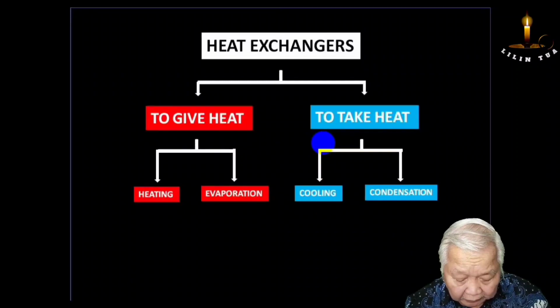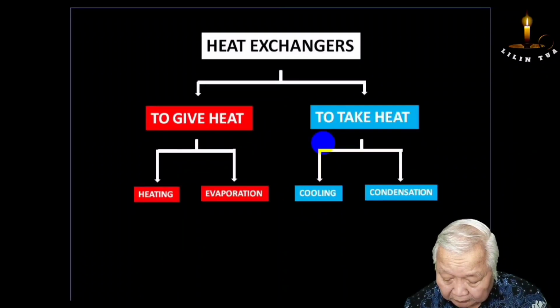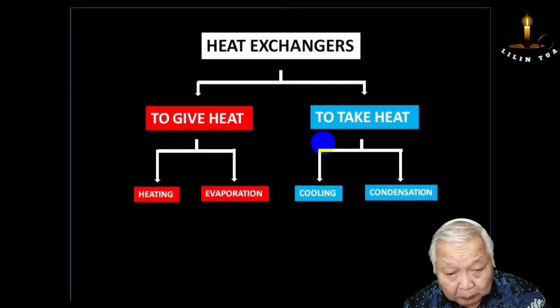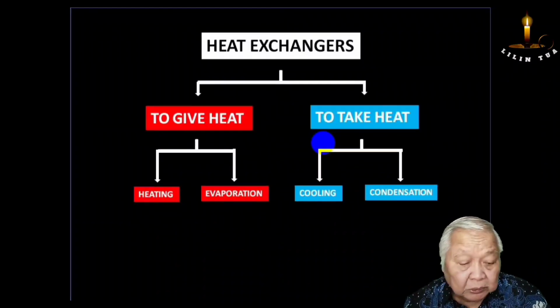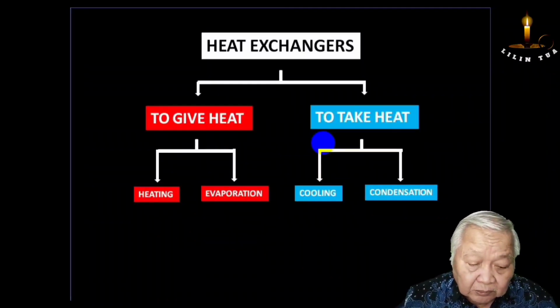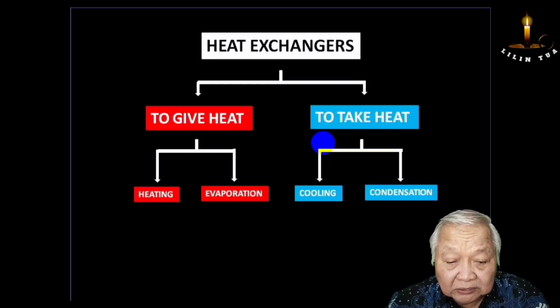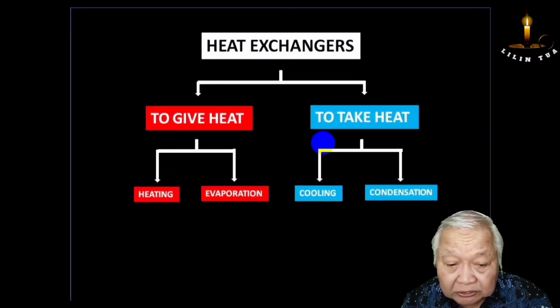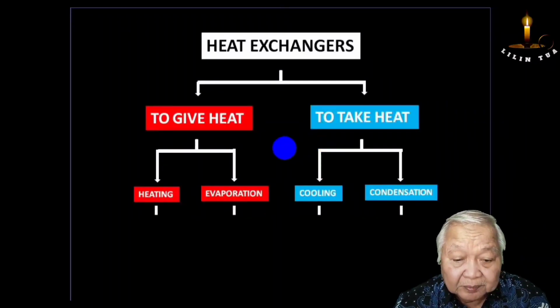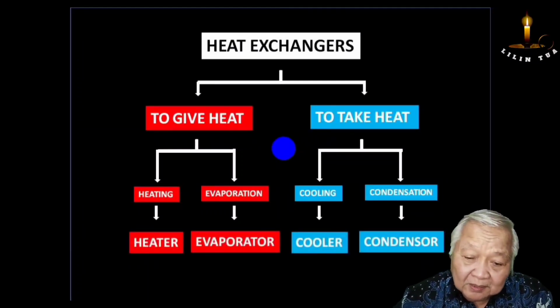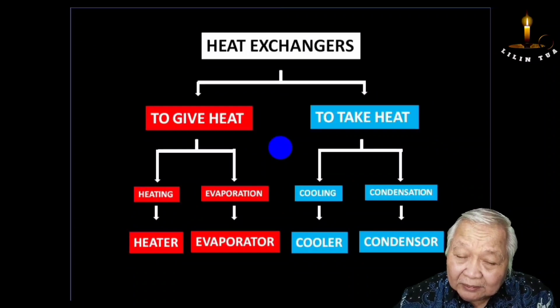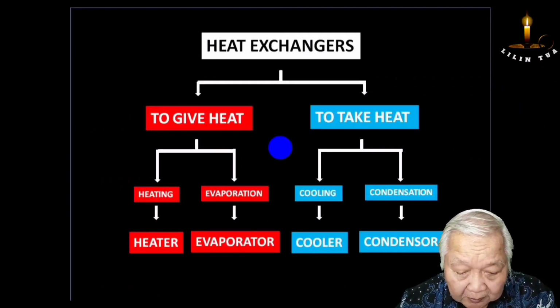So each category produces sensible and latent heat exchange processes, which in turn give rise to the types of heat exchanger such as heater, evaporator, cooler, and condenser.